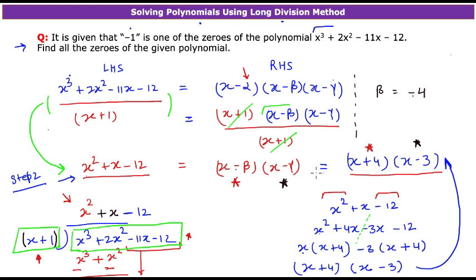And then gamma is of course 3 because these two forms are identical. x minus 3 is equal to x minus gamma, which means gamma is equal to 3. And you already had your very first given zero, that alpha is equal to negative 1. So you have your final result here: alpha, beta, gamma, the three zeros of this polynomial.